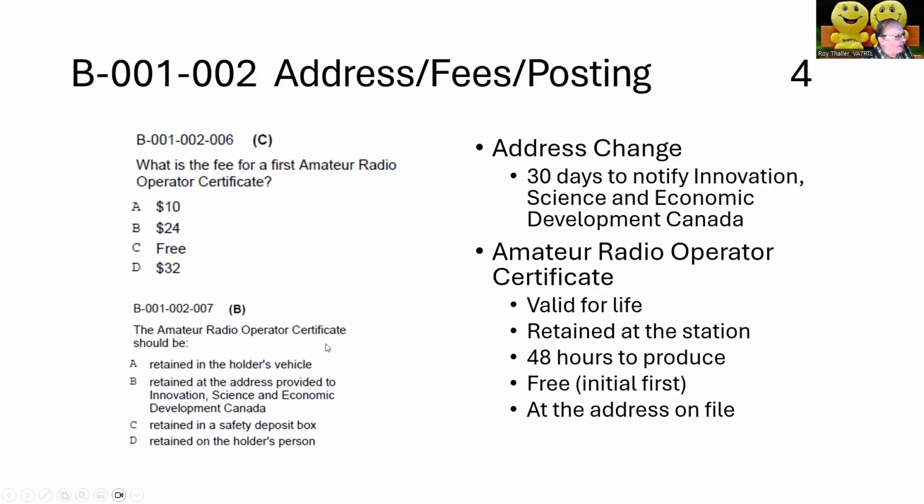You also need to keep the radio operator certificate at the address that is on file with ISED. You're not required legally to have it on your person, although it makes sense to have a copy in your wallet if you're away from your address, but there's no requirement for that.